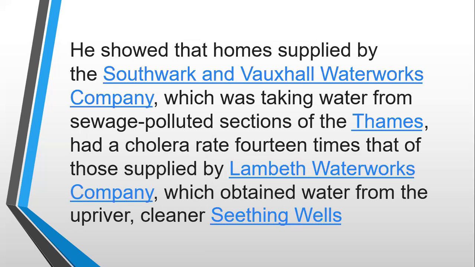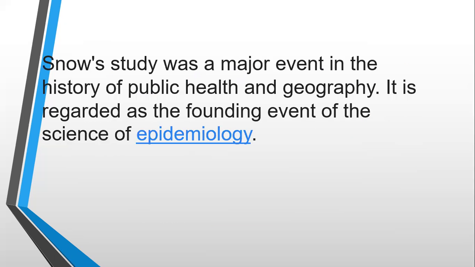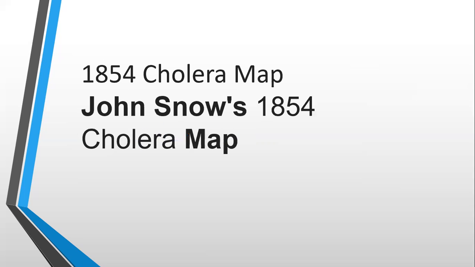His work, the Snow study, was a major event in the history of public health and geography. It is regarded as the founding event of the science of epidemiology. That happened in 1854, nearly 117 years back.